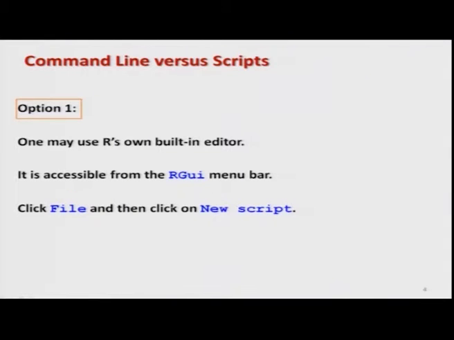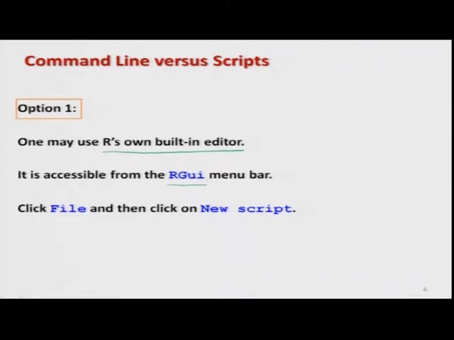In order to write such programs, we have got several options. First option is that I can use the built-in editor inside the R software, that is R's own editor, and this is easily accessible from R's graphic user interface window.